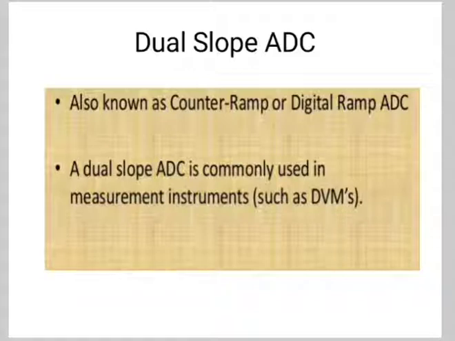In dual slope ADC, the integrator generates two different ramps, one with the unknown analog input voltage VA and another with the known reference voltage V reference. So it is called a dual slope A to D converter.